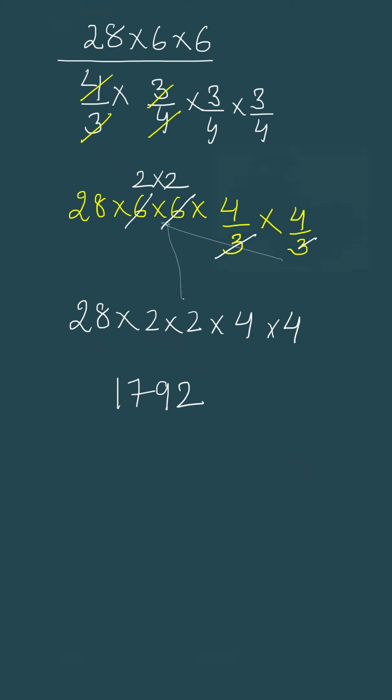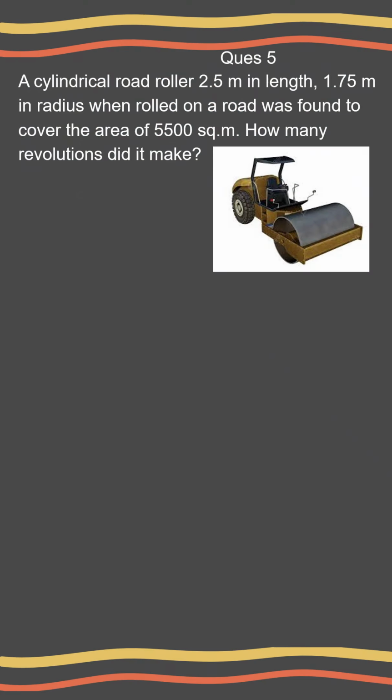1792. Question number 5. A cylindrical road roller 2.5 meter in length, 1.75 meter in radius, when rolled on a road was found to cover the area of 5500 square meter. How many revolutions did it make? Now what is this 5500?